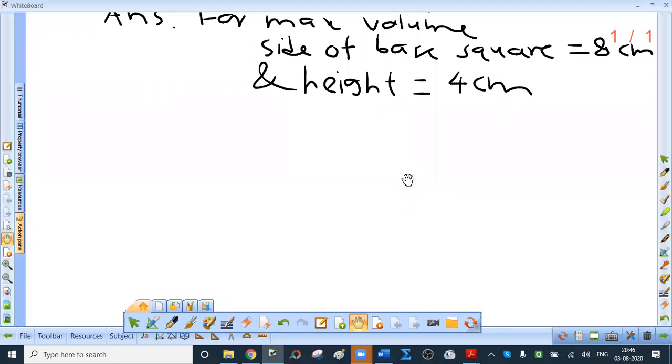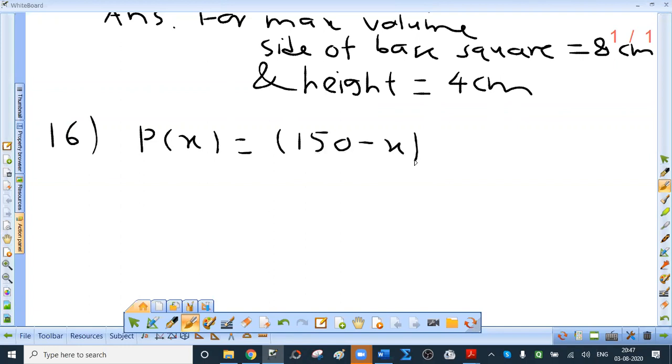Write down. Profit function P of X is given by P of X equal to 150 minus X into X minus 1625. Now open the bracket.